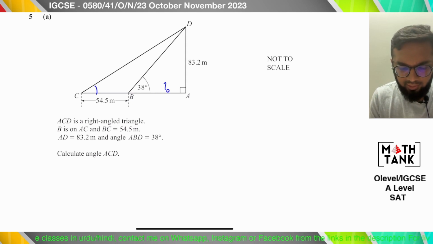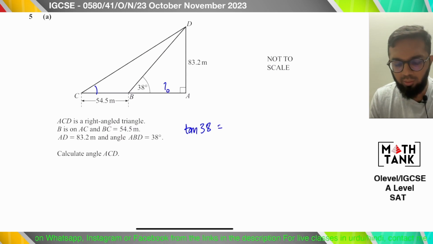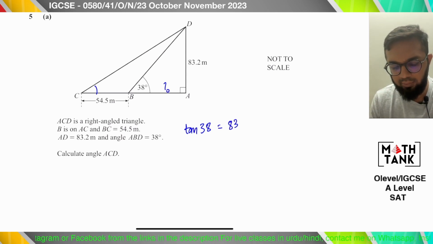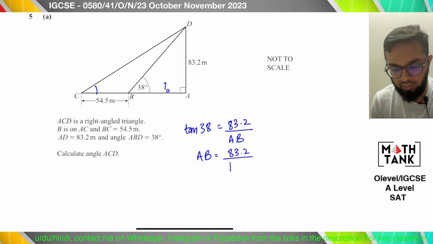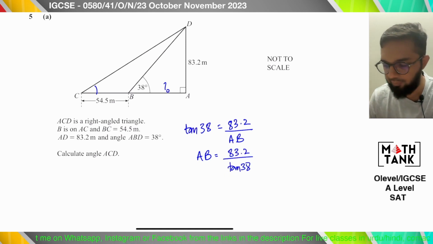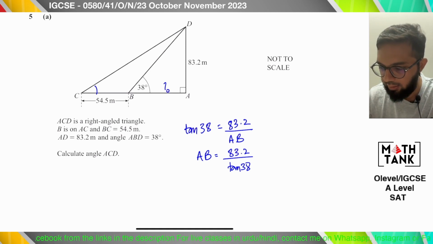So how do I calculate AB? I look at this triangle and say that I can use SOHCAHTOA, tan in this case, 83.2 divided by AB. So AB is 83.2 divided by tan 38.